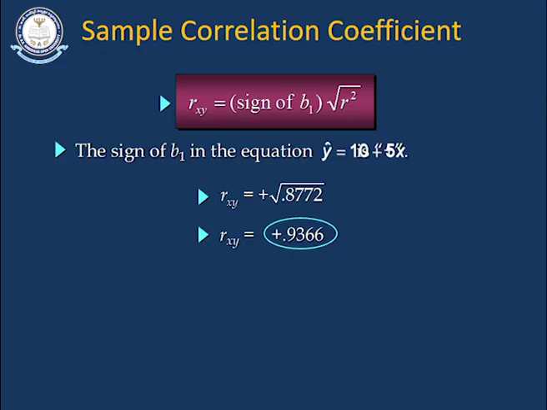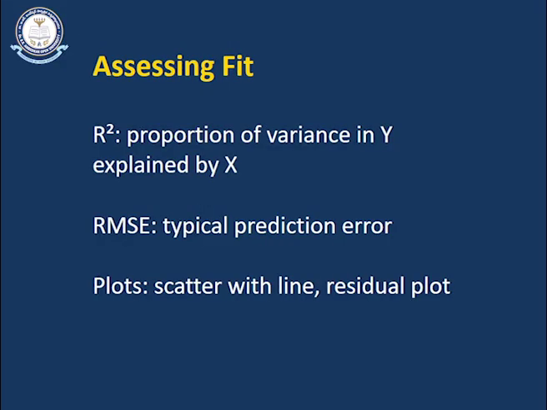So this is the sample correlation coefficient, and if you put in the numbers and compute it, you will get Rxy equals root of 0.8772, which is Rxy equals 0.9366. That is a wonderful equation in that sense.